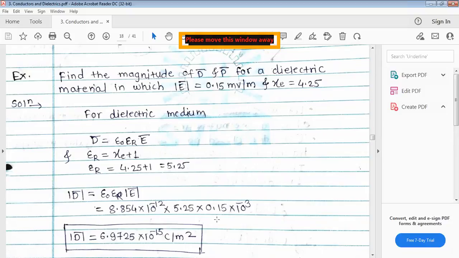If you solve this, mod of D bar is 6.9725 into 10 raised to minus 15 coulomb per meter square. First solve this and check whether you are getting the same answer or not.